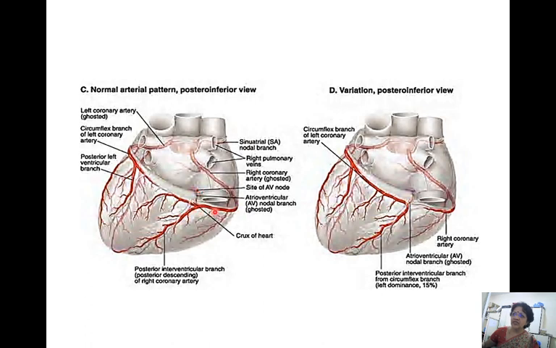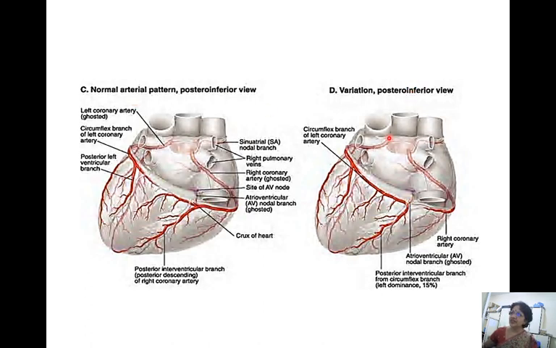This is where the circumflex is, and the AV nodal branch is coming from the right coronary. So the SA nodal branch and the AV nodal branch are both from the right coronary. This is the normal arterial pattern.